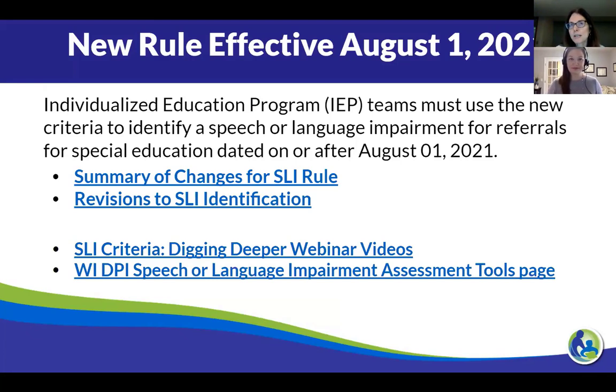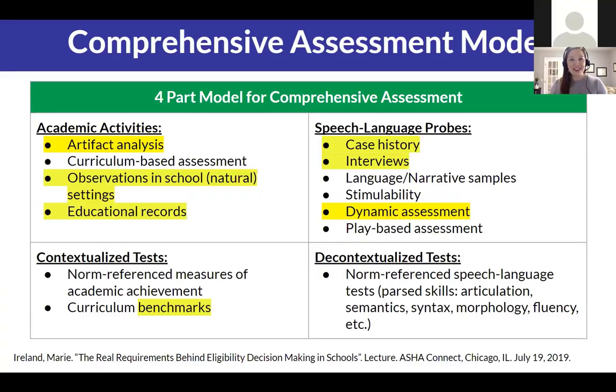There's also, on September 15th, we did a digging deeper around the criteria webinar, and that is on the website. That is part of the fourth link. So check those out.